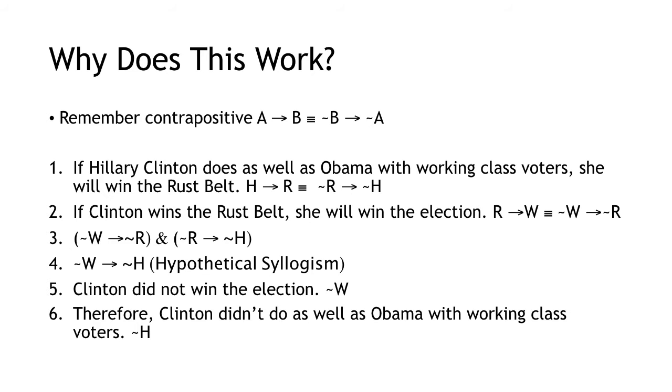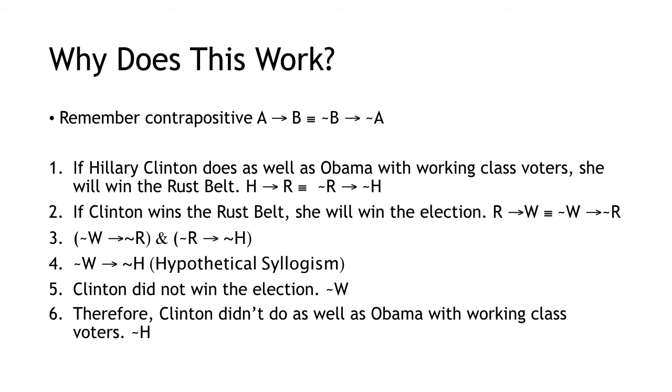So let's look at the statements of our argument and just use the contrapositive. If H, then R is logically equivalent to its contrapositive, if not R, then not H. So we can just treat premise 1 that way.